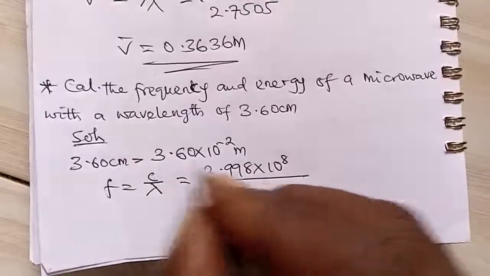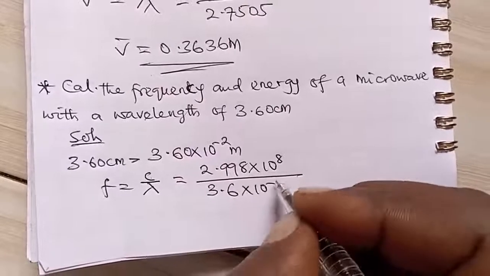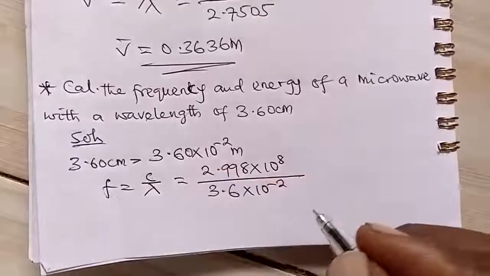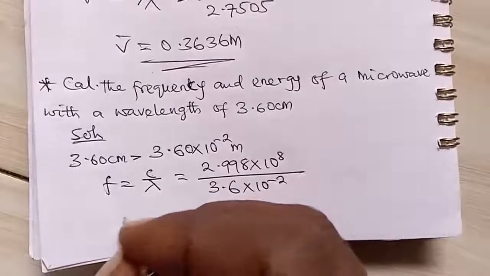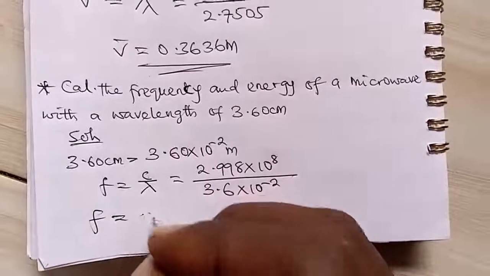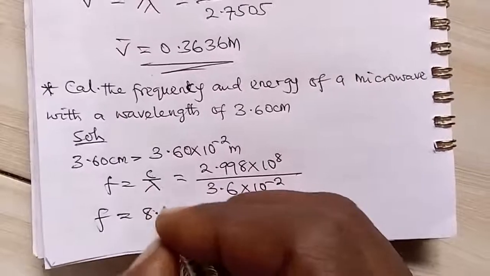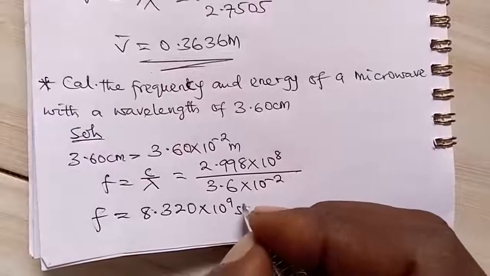So here we'll now use 3.6 times 10 raised to power minus 2. There's no real need for writing the 0 again. If we divide that, frequency actually is 8.320 times 10 raised to power 9 per second.